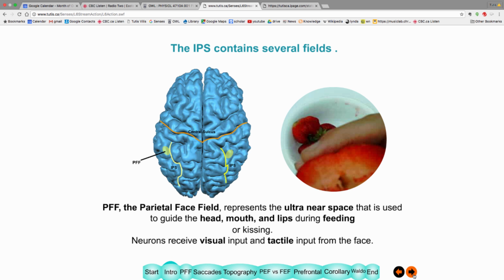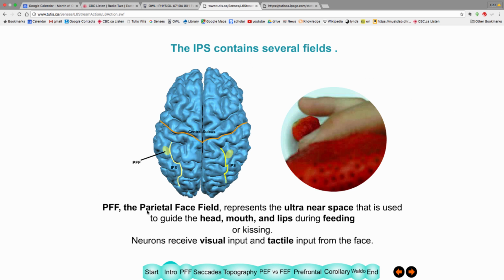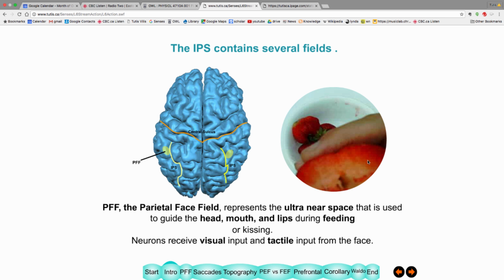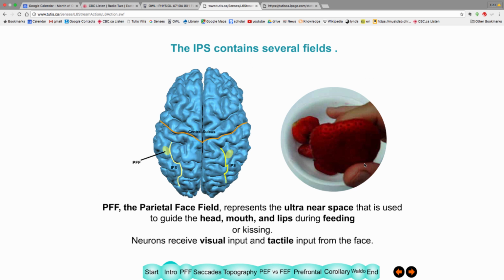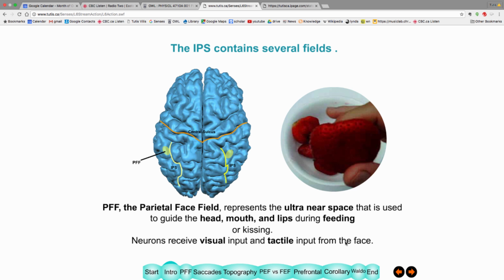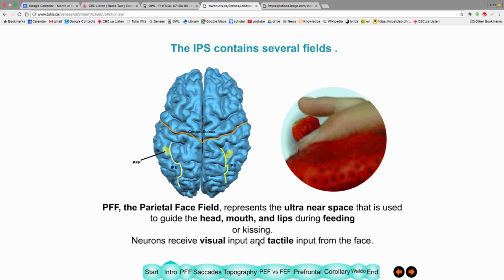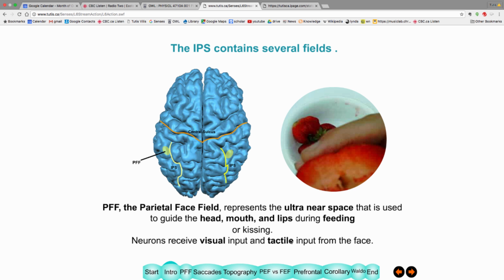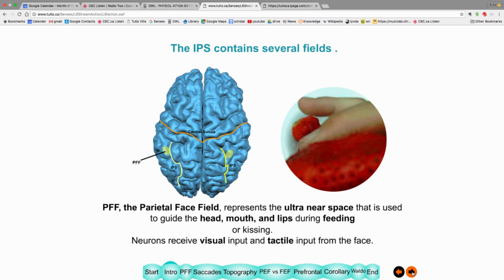And lastly, there's an area called the parietal face field, and that's involved in things like eating. Here I am bringing the strawberry up to me and taking a bite. And it's involved in not only feeding, but things like kissing. So you have visual input and also tactile input coming to this area.